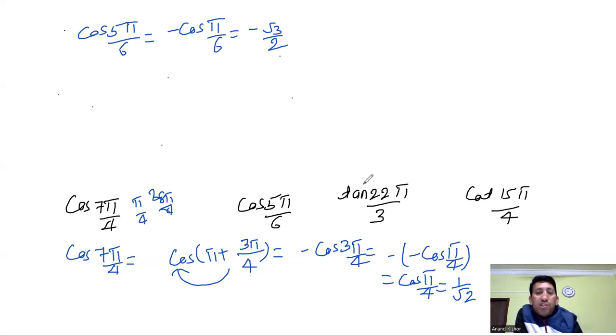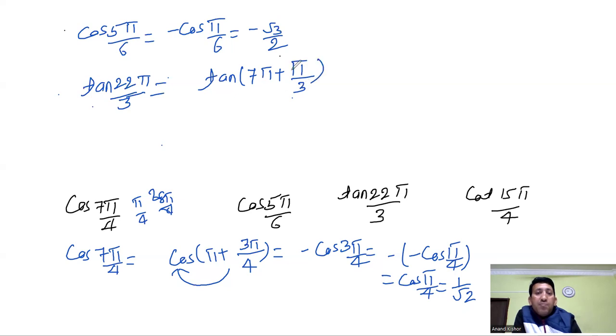Okay, next, tan 22 pi by 3. So see, 22 pi by 3 means 3 sevens are 21, 7 point something. So we will write tan(7 pi plus pi by 3). 7 threes are 21, plus 1, 21 pi plus pi, 22 pi.